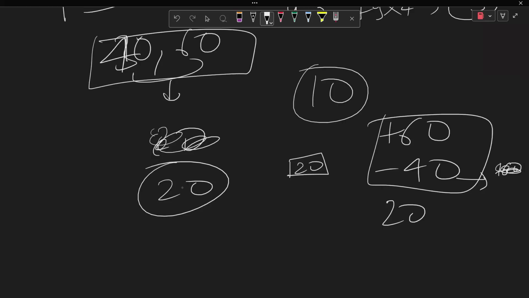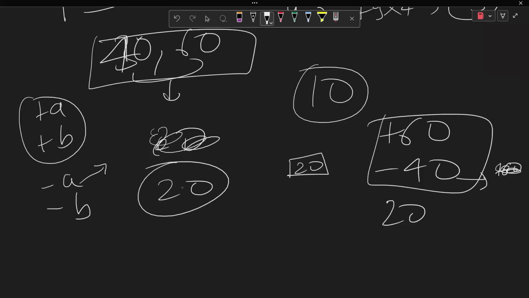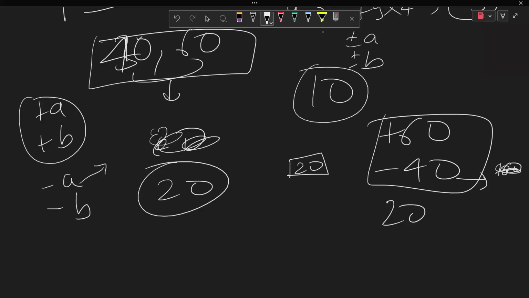So through A, you can do plus A and plus B, which are the operations given to you. But effectively, you can also do minus A and minus B. How? If you want to do minus A, just do a plus A to all other values. That is the same as doing a minus A to that value. So that way you can always do plus or minus A and plus or minus B to the values.